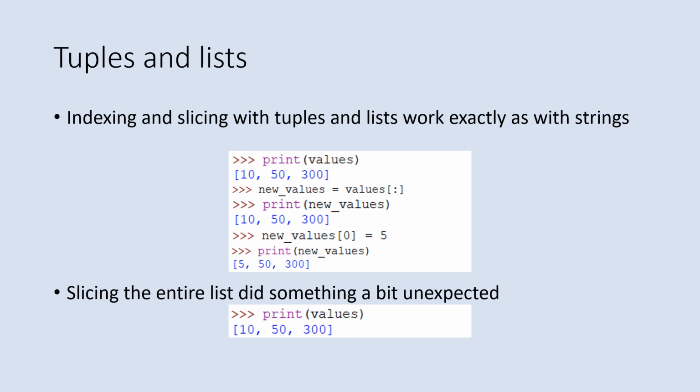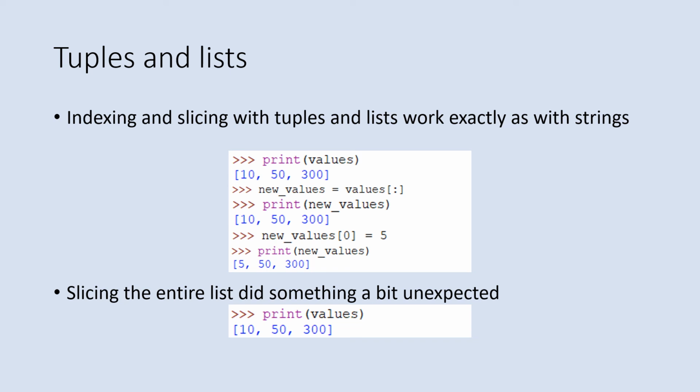We saw before that if we just said new values equal values, change new values, that would change values. But in this case, we made a slice of the entire list, and by slicing the list, it creates a new copy of everything.